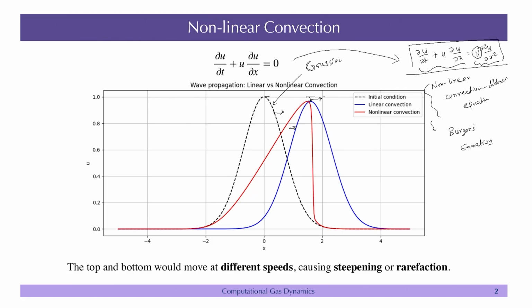Ideally, an expression like this purely means that the wave u moves with time, and if c is constant, it will move with a wave speed of c. If it is not constant, it has to move with the wave speed of u. This is for del u by del t plus c del u by del x equal to 0, but it is not actually 0, there is some numerical diffusivity, and that is why there is some attenuation here.